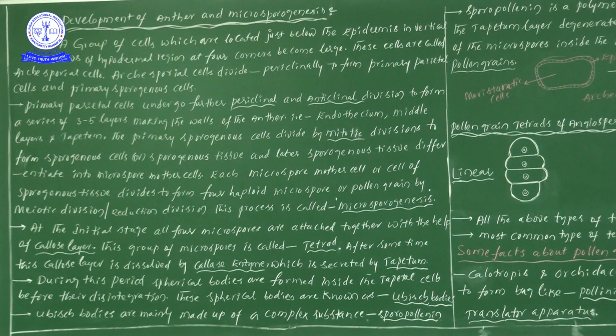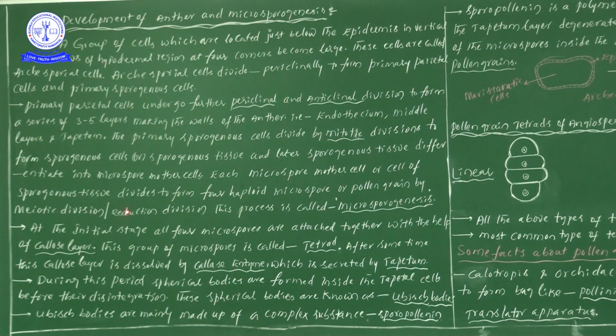When the microspore mother cell or pollen mother cell undergoes meiotic division, why does it undergo meiotic division? For the formation of 4 haploid microspores or pollen grains, it is definitely required.